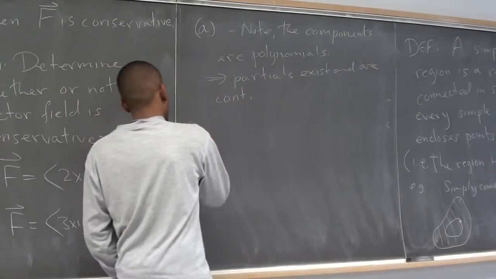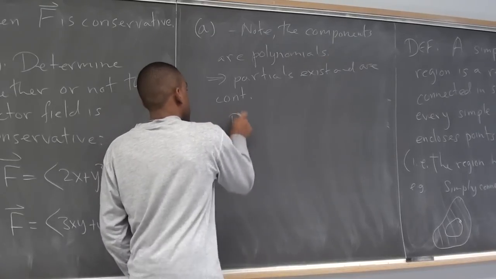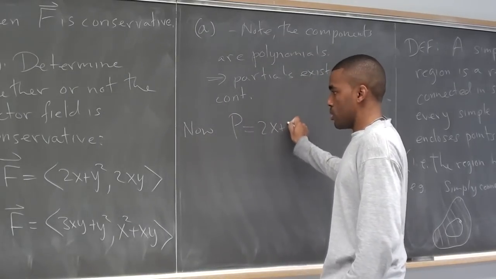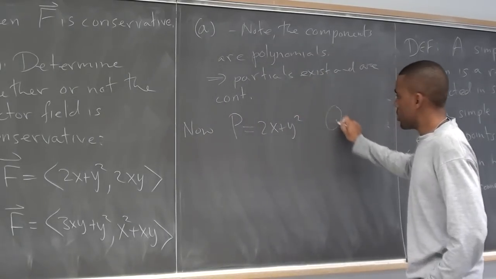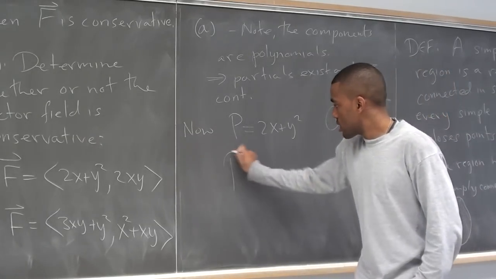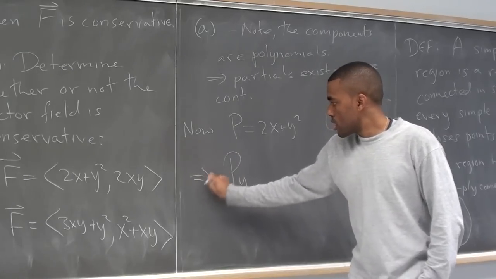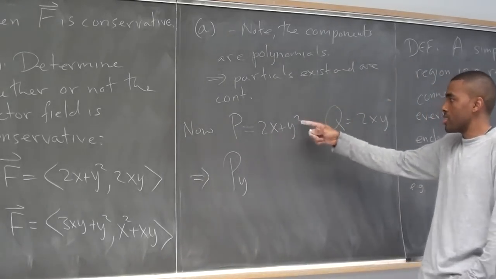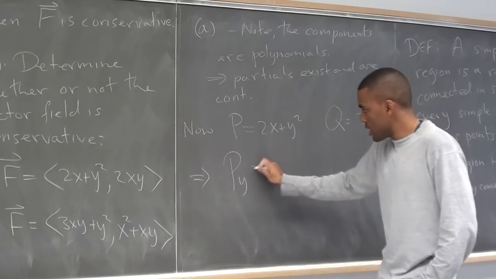Now, here we know that P is equal to 2x plus y squared. The Q is equal to 2xy. So if I take the partial of this with respect to y, remember you think of x as a constant, differentiate this guy, you get 2y.